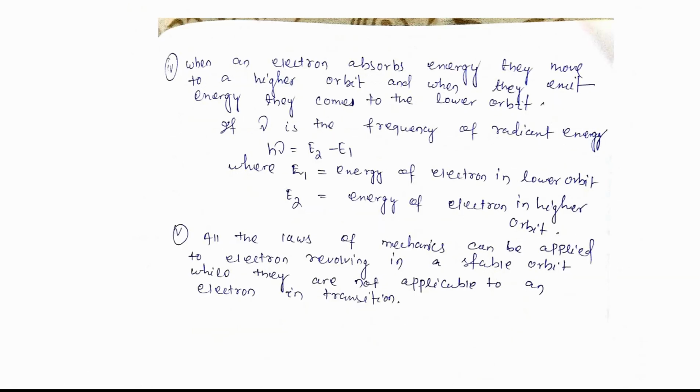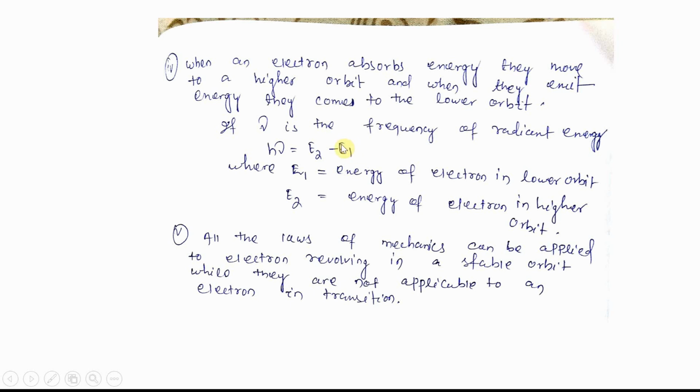And when the electrons are in the fixed orbit, as I have told, it will not radiate energy. But when an electron jumps from a higher to a lower orbit, or goes from a lower to a higher orbit, it will radiate or absorb energy, and the energy will come in terms of the frequency in this type of equation. Suppose the energy possessed by the second orbit is E2 and the energy possessed by the first orbit is E1.